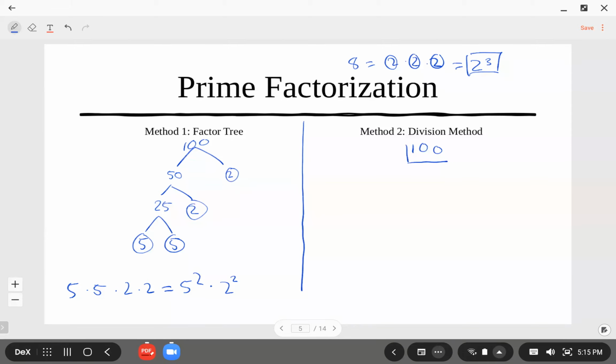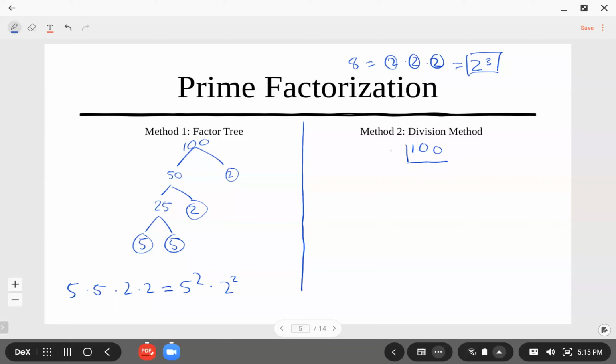Let's put it in this format. This is like a box. Put it in the box, and on the left side of this box, choose a divisor of 100, and it has to be a prime number.